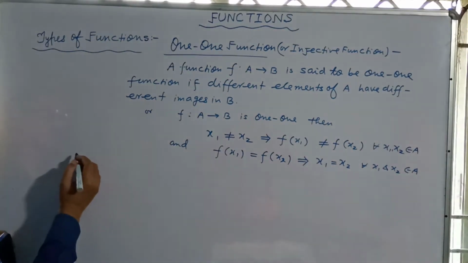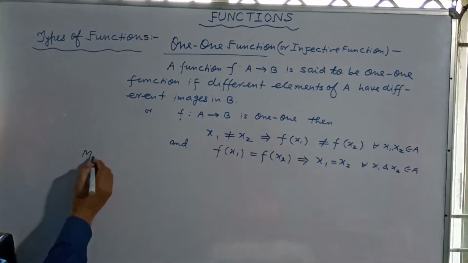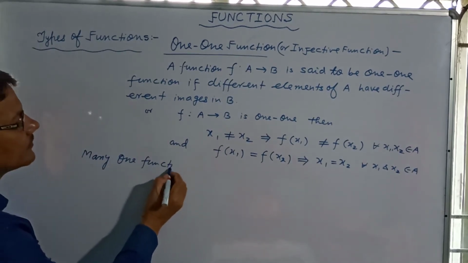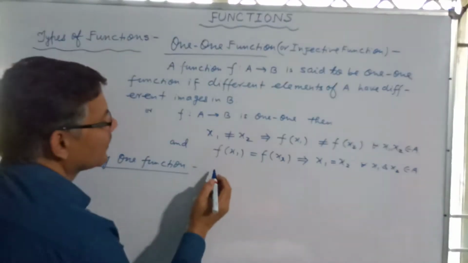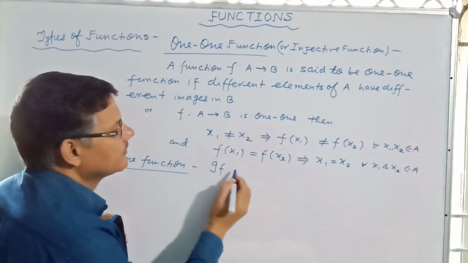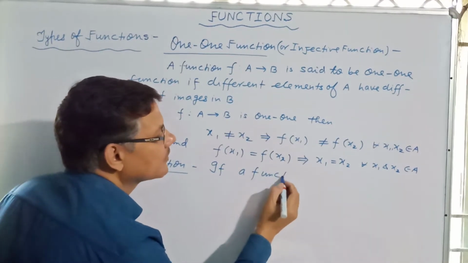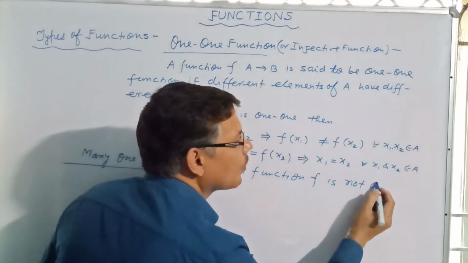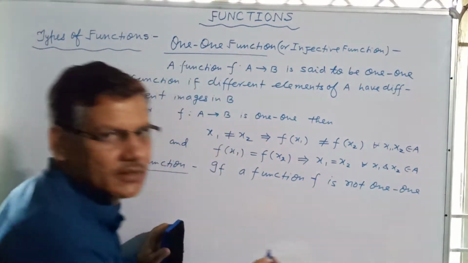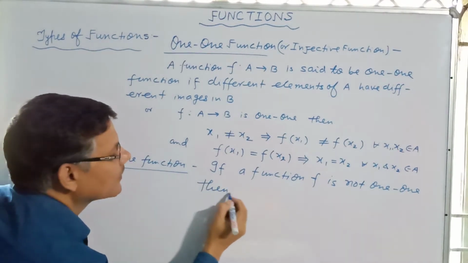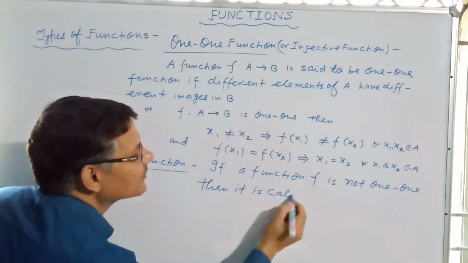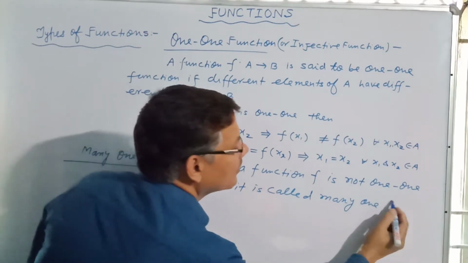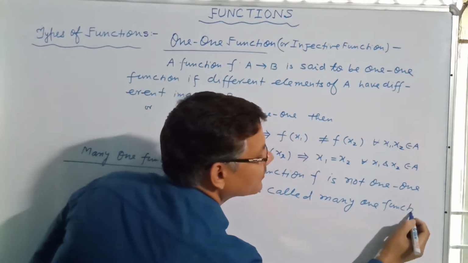At the same time, we have one more type of function, that is many-one function. If a function f is not one-one, then it is called many-one function.